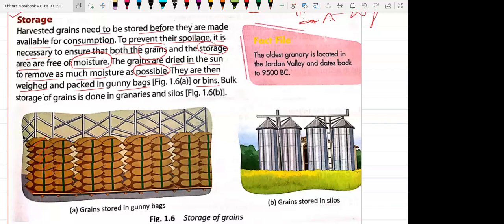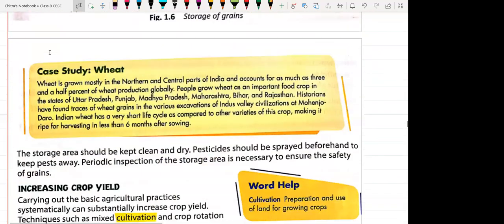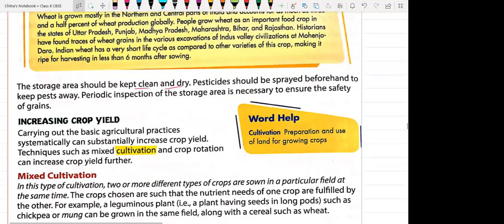Or beans also sometimes. Bulk storage of the grain is done in granaries and silos. The storage should be kept clean and dry.